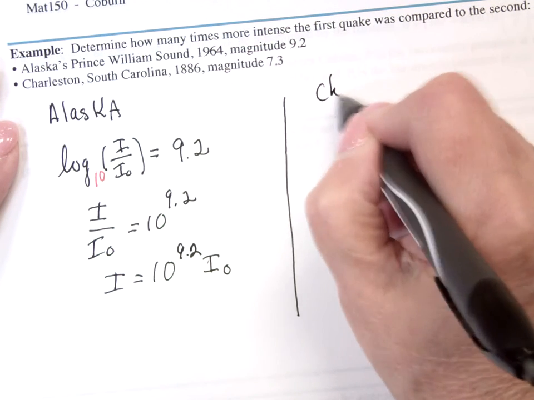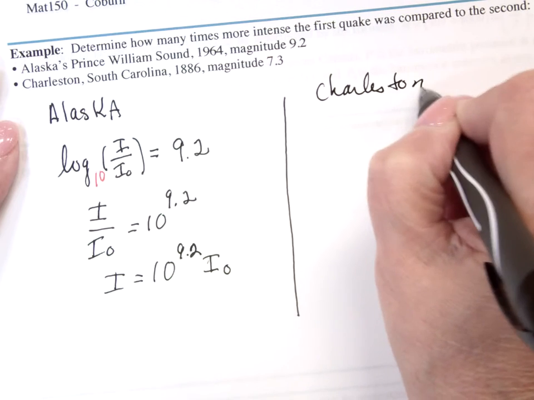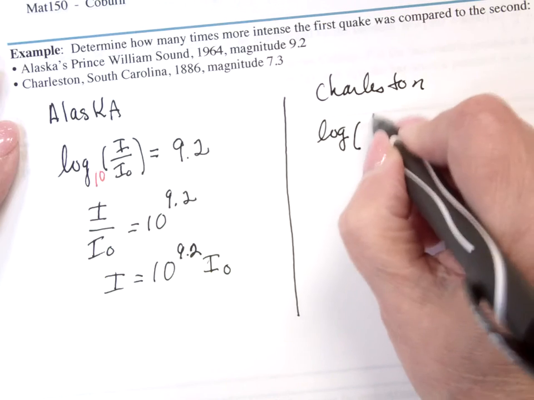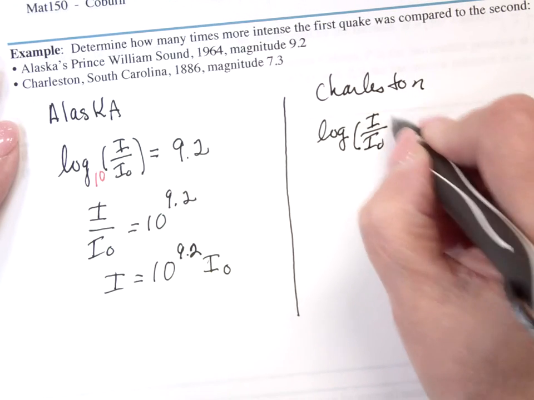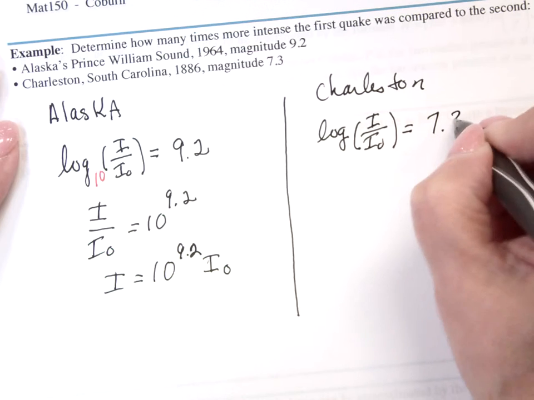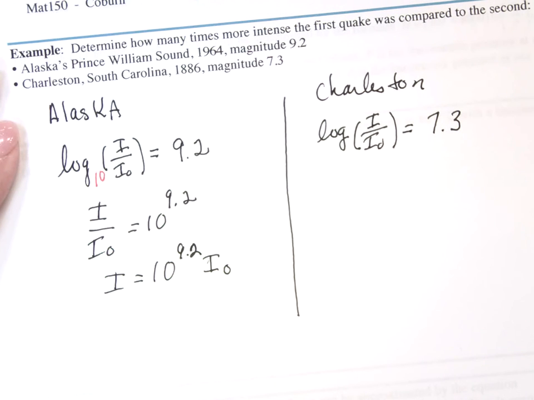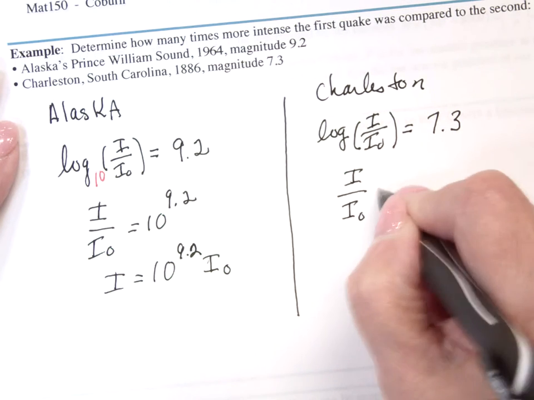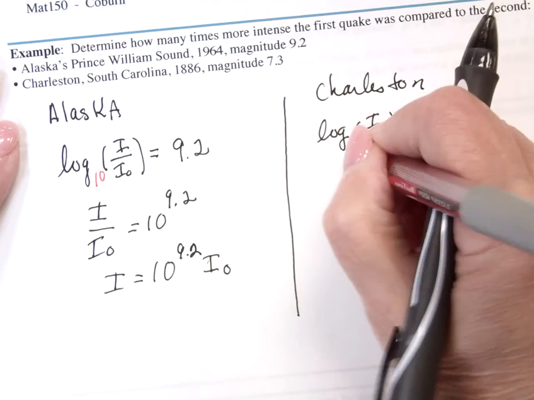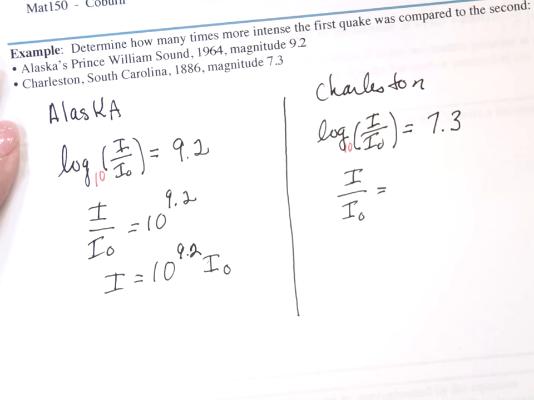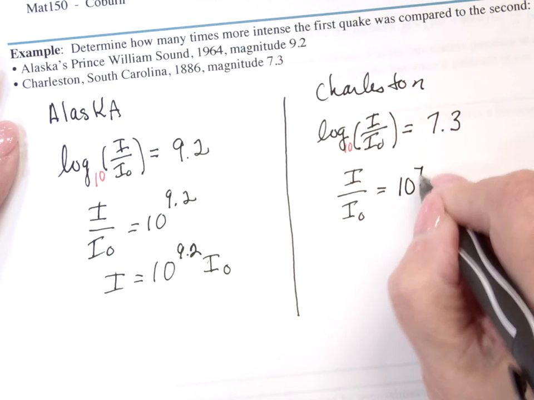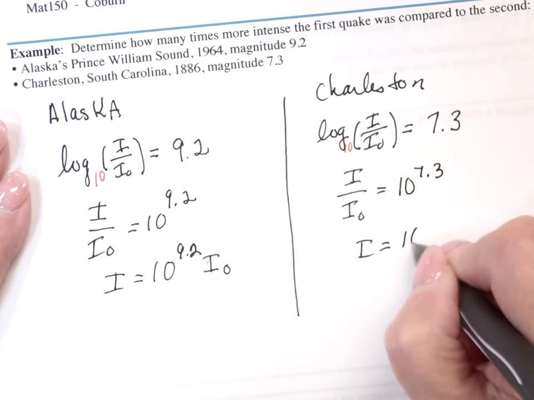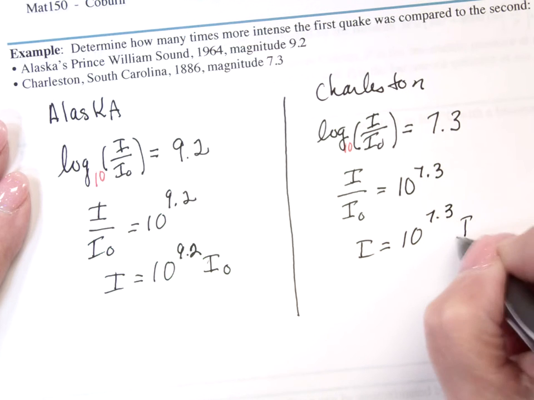So if we have Charleston, we have the log of I divided by I sub 0 is 7.3. I divided by I sub 0 is, now remember again, this is base 10. So it's 10 to the 7.3. Or I is 10 to the 7.3 I sub 0.